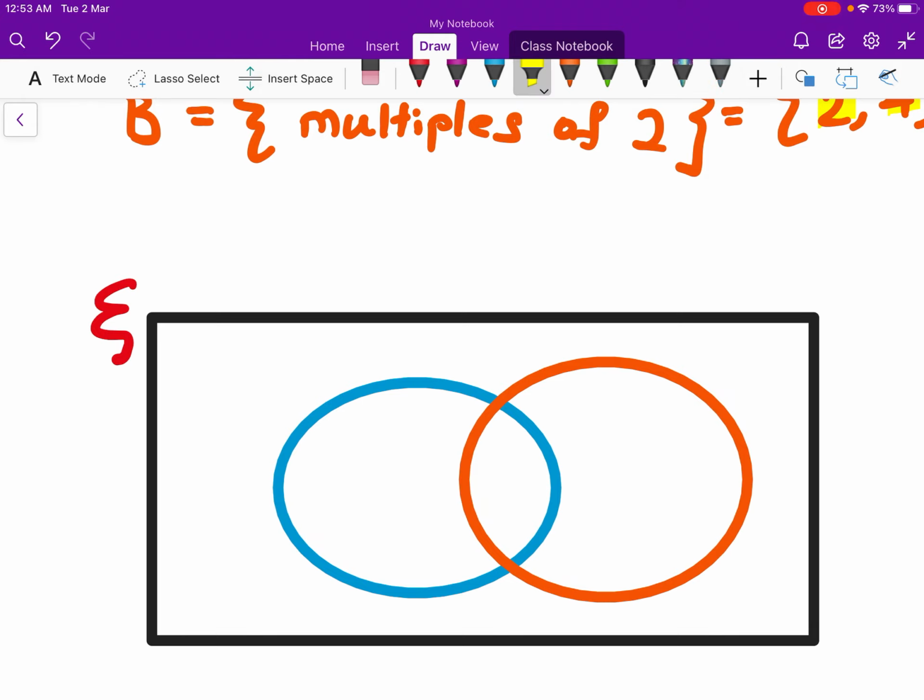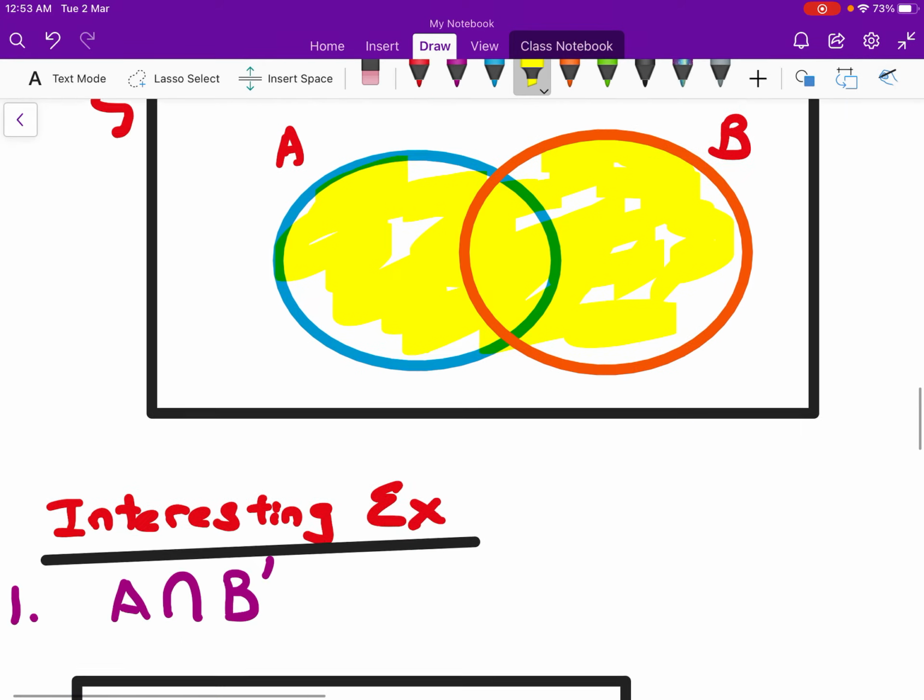Union means A and B here, so union means I want everything that is inside my blue and orange circle. Everything.